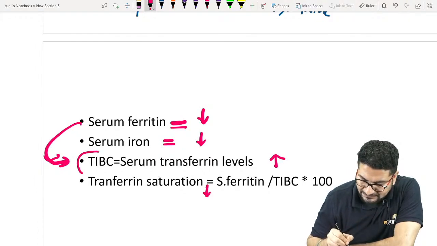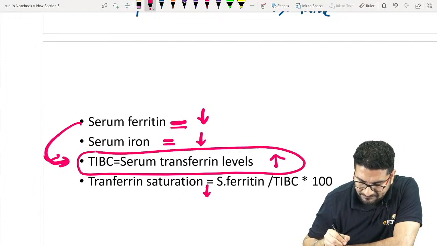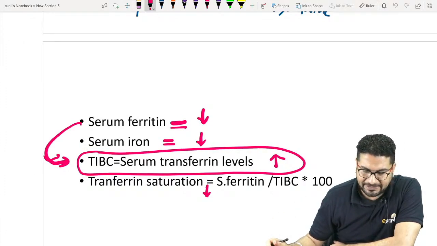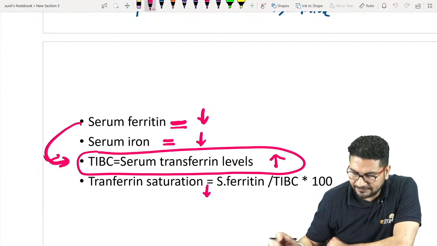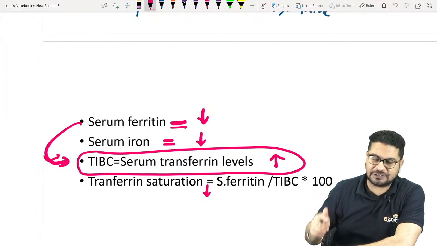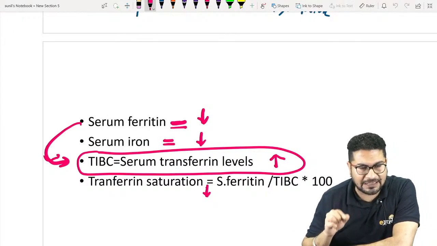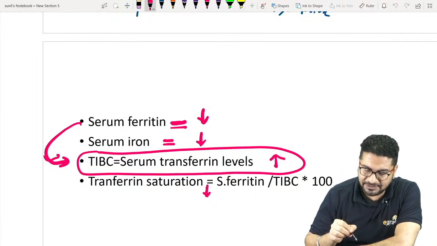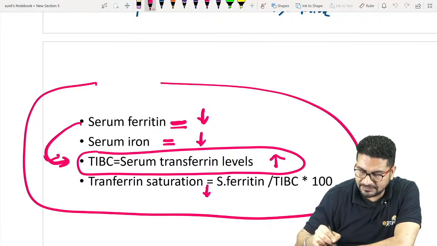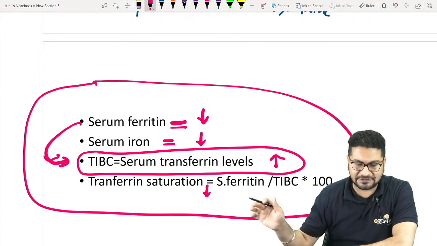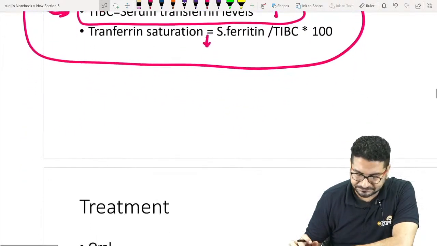So remember, in the iron study only TIBC will increase. Am I clear? Only TIBC will increase. Mainly here they confuse students, and trust me, by the end of our discussion I'll make you a master in this. Here only students get confused. Other things are simple, other things are easy in iron deficiency.